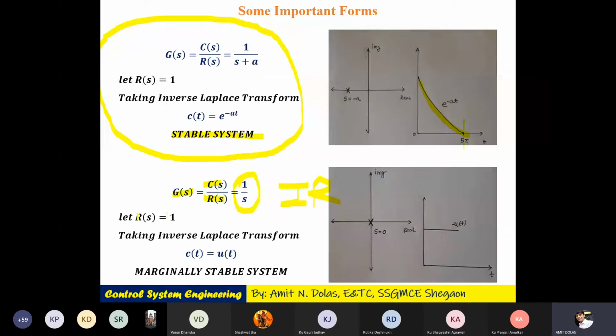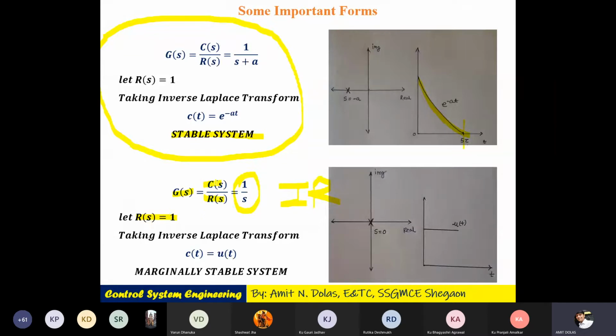For the impulse response, we take r(t) equal to delta(t), and if we take its Laplace transform, it will be R(s) equal to 1. That is also in the second lecture of this unit, so please make a printout to understand this concept better. So R(s) equal to 1 is the impulse.